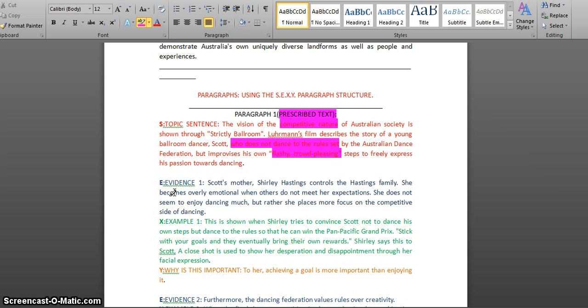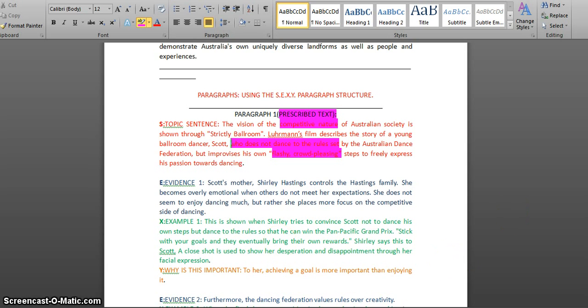Now, example number one, he's actually pulling a scene and he's talking about, it says, this is shown when Shirley tries to convince Scott not to dance his own step but dance to the rules so that he can win the Pan Pacific's Grand Prix. "Stick with your goals and they eventually bring their own rewards."